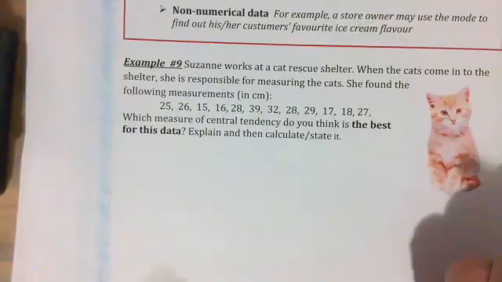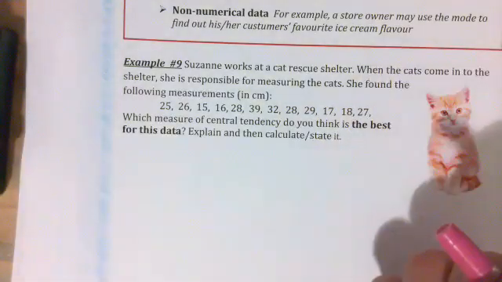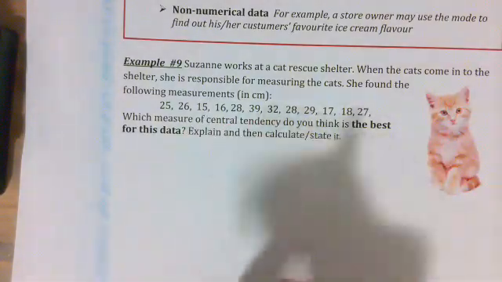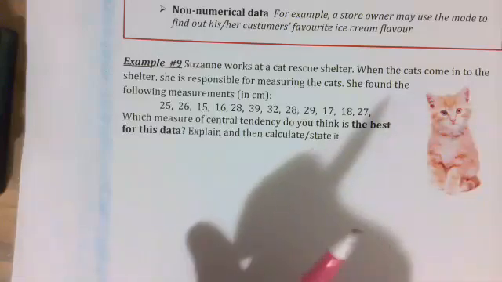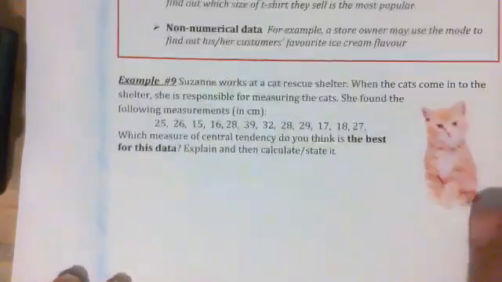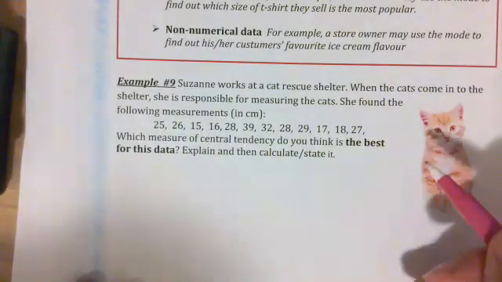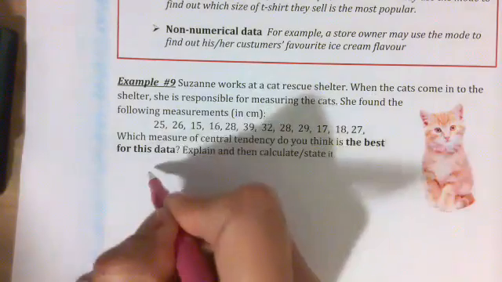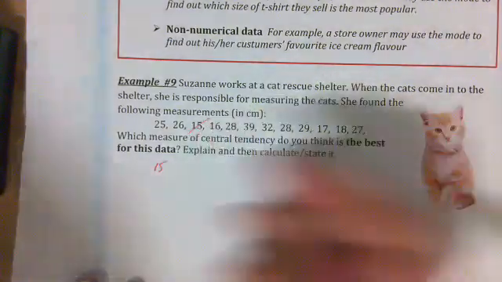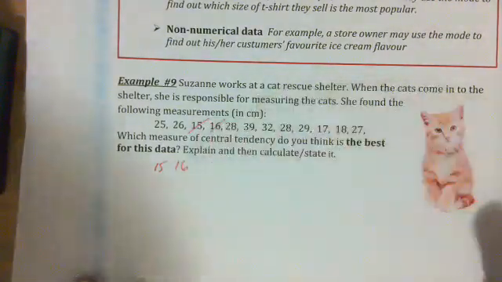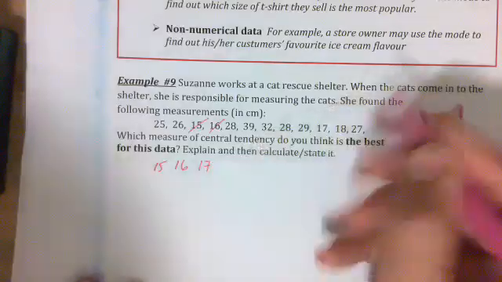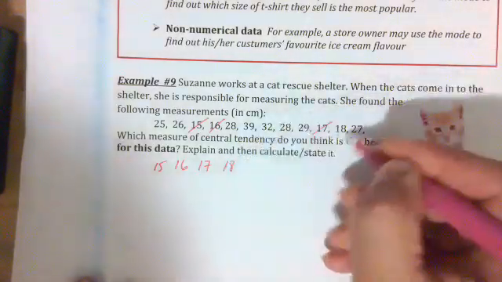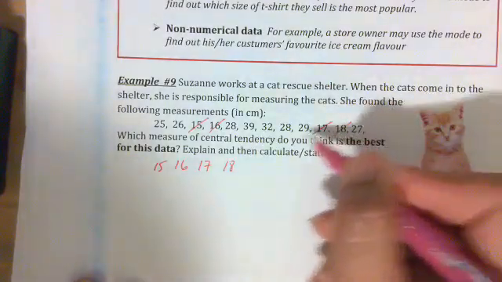Now, because a lot of the summaries that we have used, the measures of central tendency, require the data to be in order, before you make a decision, put your data in order, and then you can decide in the best way possible. So the lowest length is 15, then 16, 17, 18. Is there a 20?